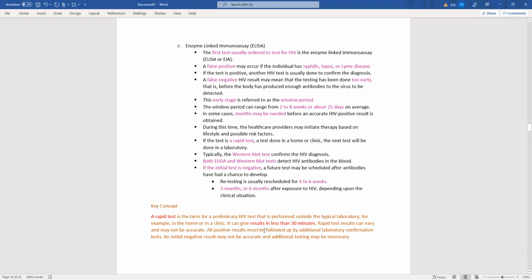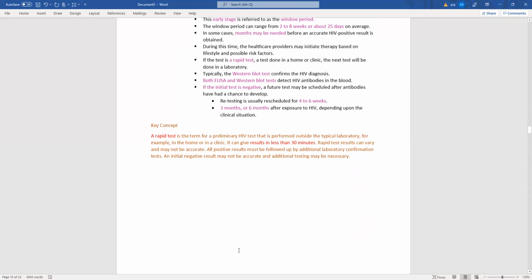All positive results must be followed up by additional lab confirmation tests. An initial negative result may not be accurate, and additional testing may be necessary.